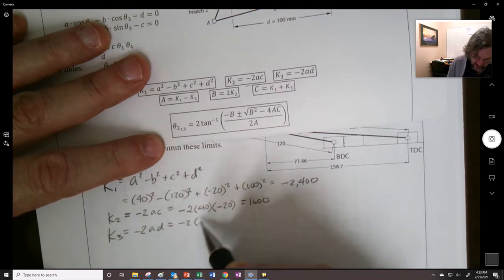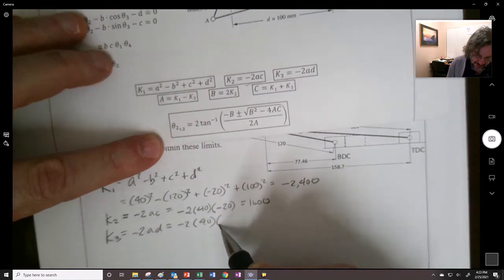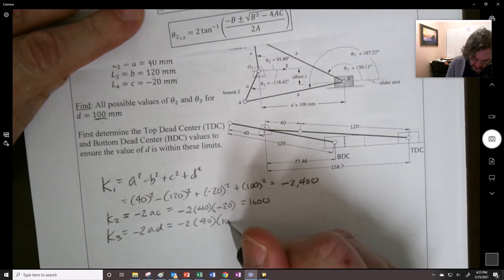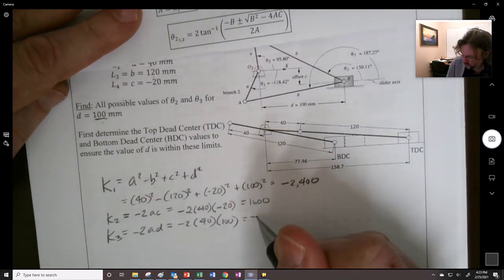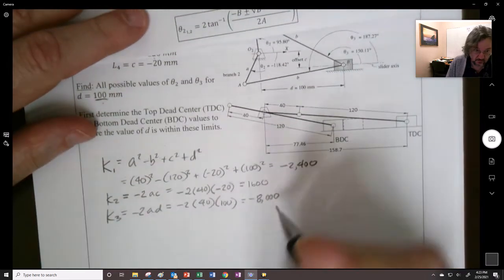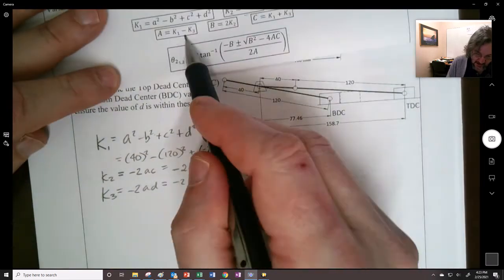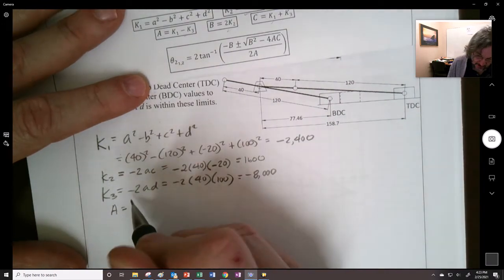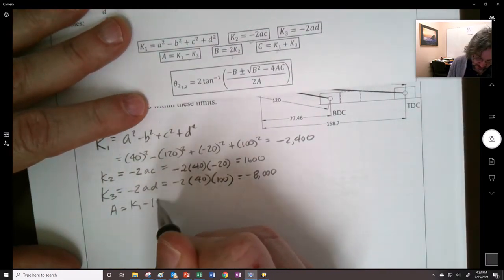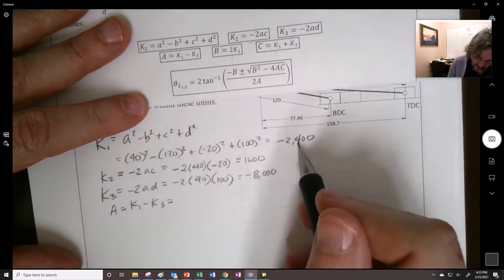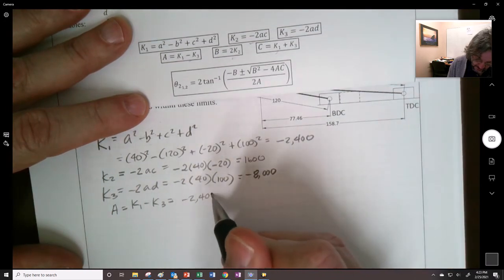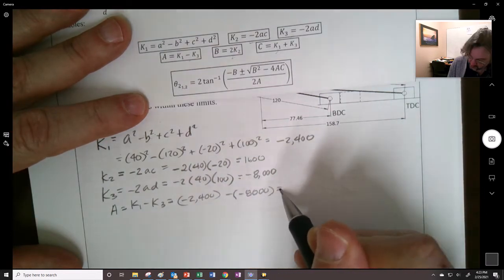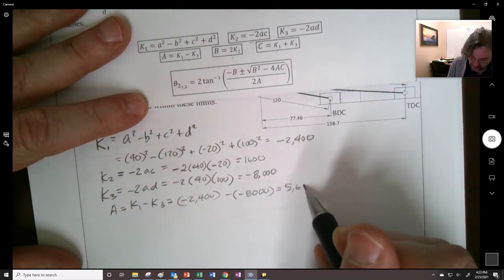So negative 2 times our 40, and our D is going to be 100, we were told. That was their input. And we get a negative 8,000. Now we need to get A, B, and C. So A is just going to be K1 minus K3, or our negative 2,400 minus our minus 8,000. So we end up getting 5,600.